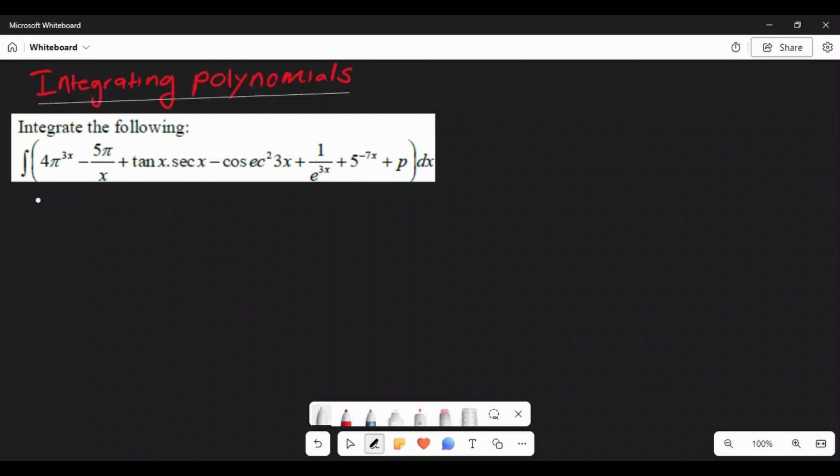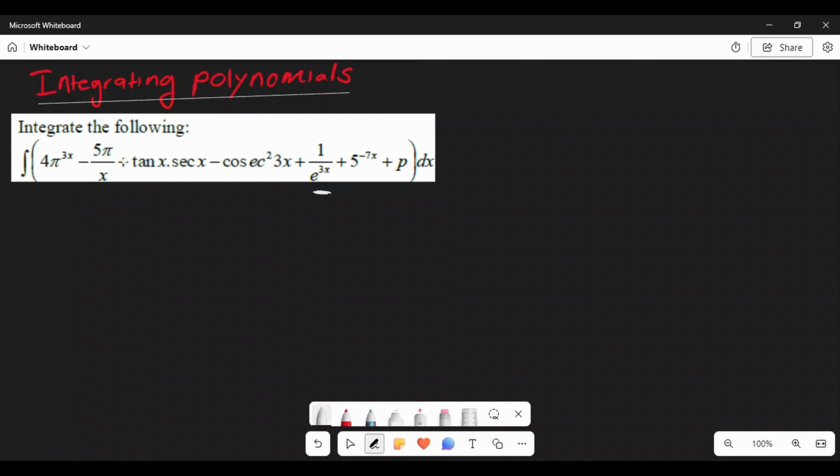Alright, so let's look at this problem here. As you can see, we are told to integrate the following. But before you integrate guys, the first thing that you must pay attention to is to look at each term here that needs to be simplified. When I look at this polynomial, I can see that this term here needs to be simplified.